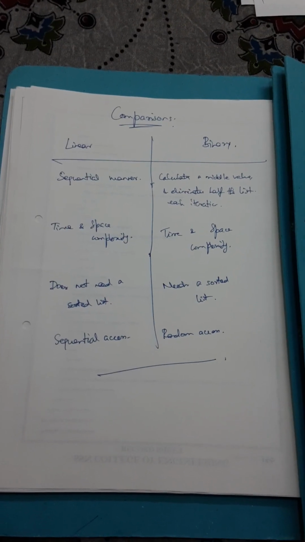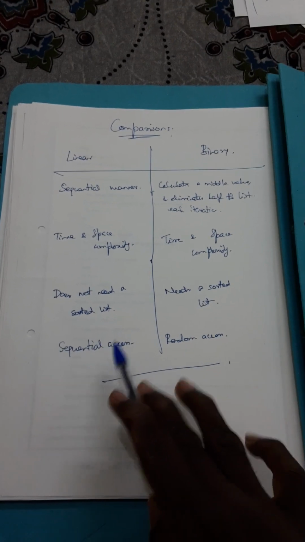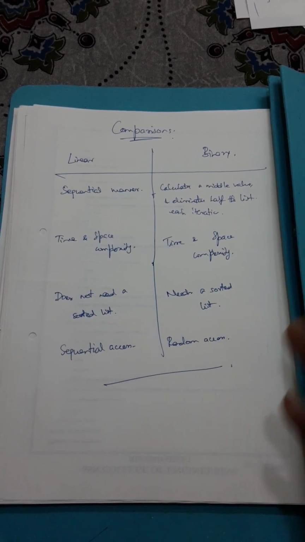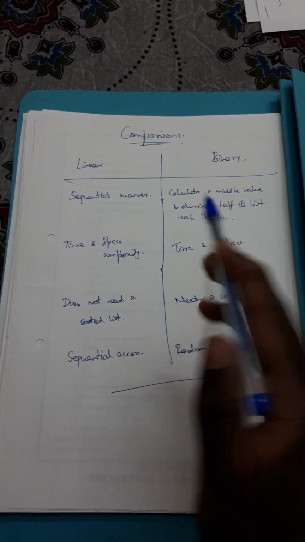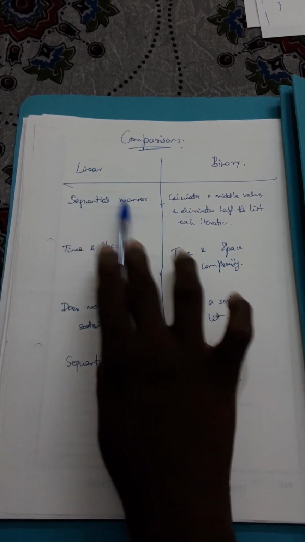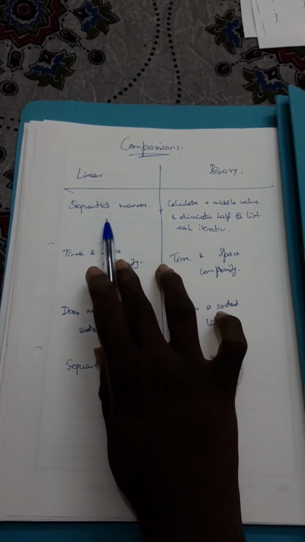The last thing is a little comparison between linear and binary search. If you understood linear search and binary search, you would be able to write this on your own. I'm just giving key points. Linear search searches the target element in a sequential manner, one element after another, until it gets the target.